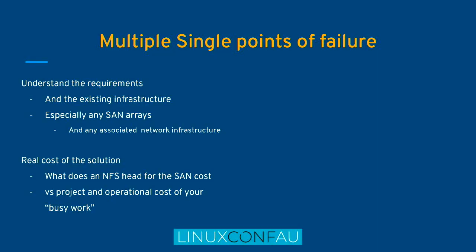Multiple single points of failure are what you often hit with these kinds of projects. So understand the requirements and then look at the existing infrastructure, especially things like SAN arrays that you may have to leverage because the environment's virtualized, and the associated network infrastructure. We had a project where we thought everything was nicely redundant and available, but actually everything went through the same core switch.